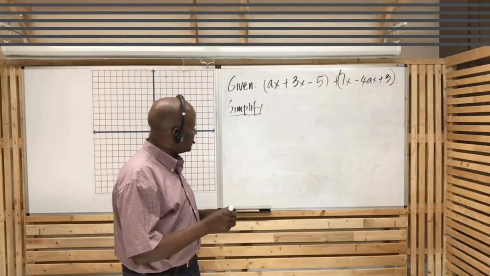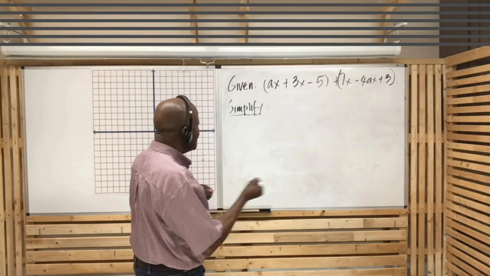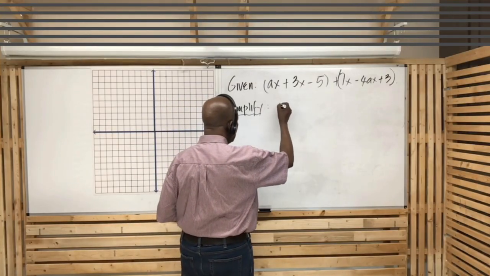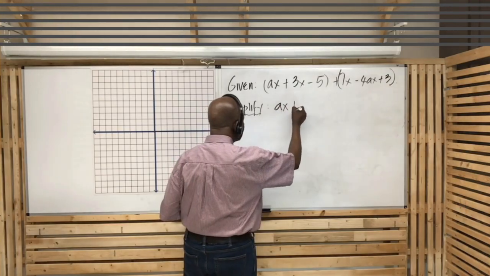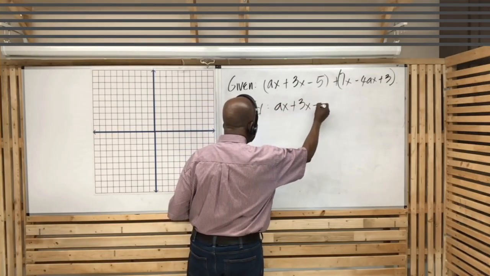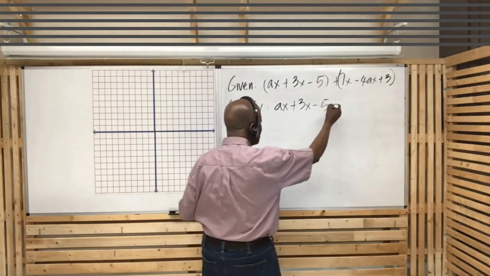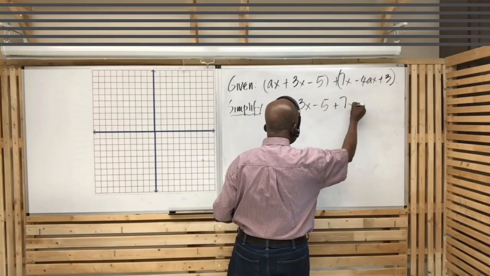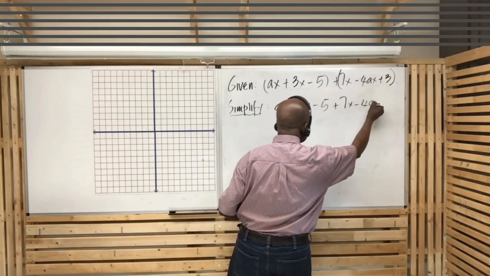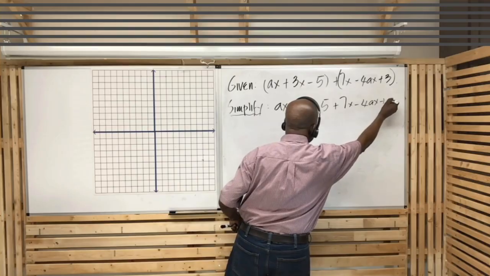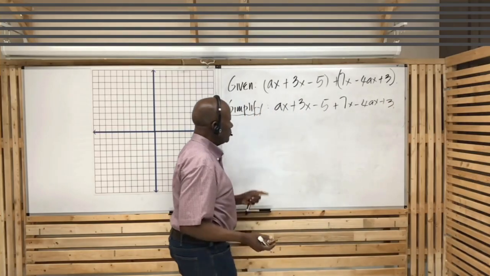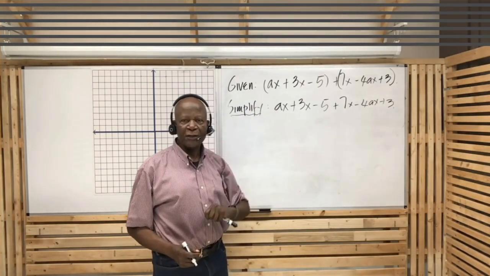When we remove the brackets, what we have is ax plus 3x minus 5. When we remove the other brackets, we also have 7x minus 4ax plus 3. Now you have one full expression.